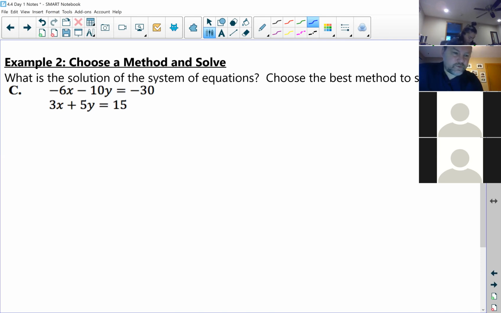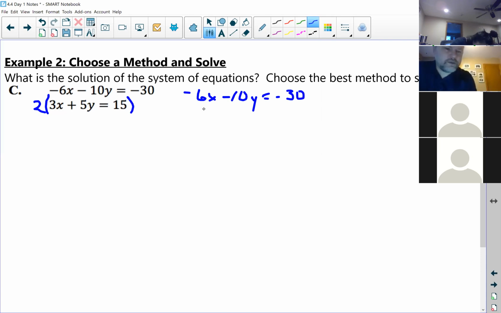So I can multiply my bottom equation by 2 and get opposites. And remember, you're going to multiply everything by 2.